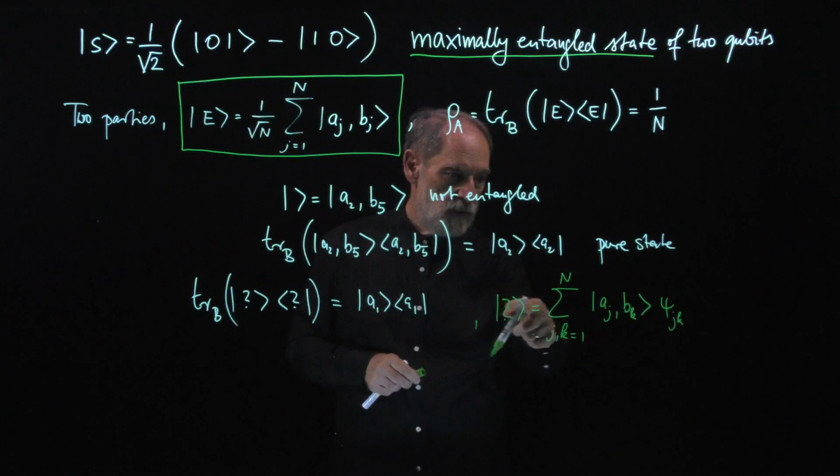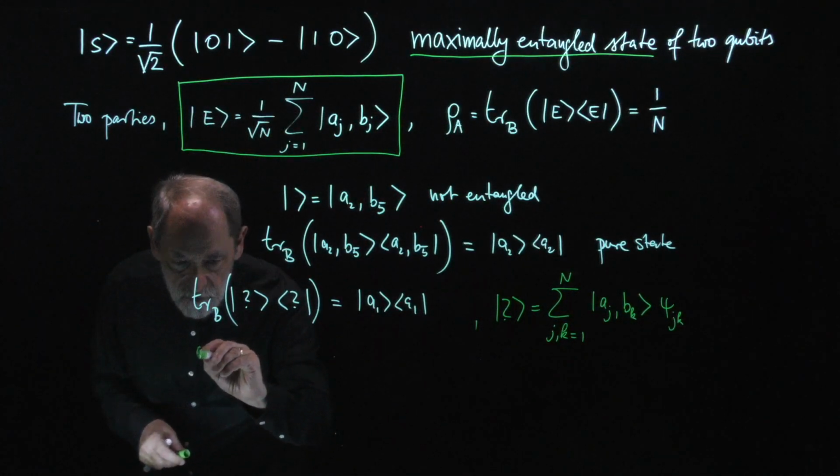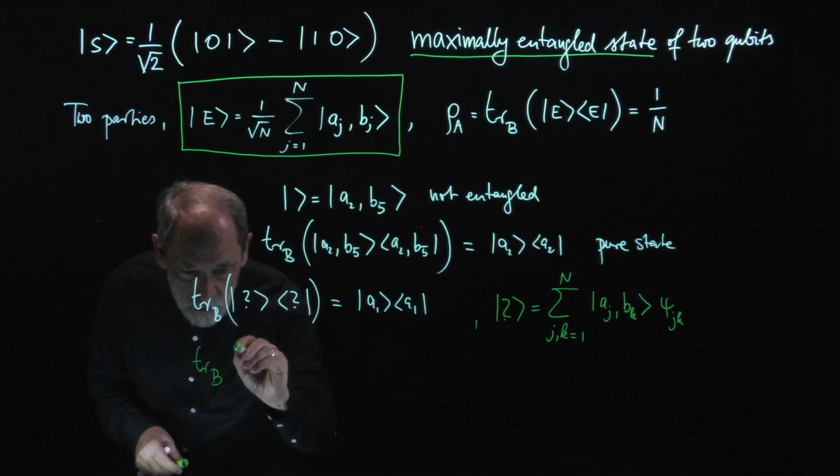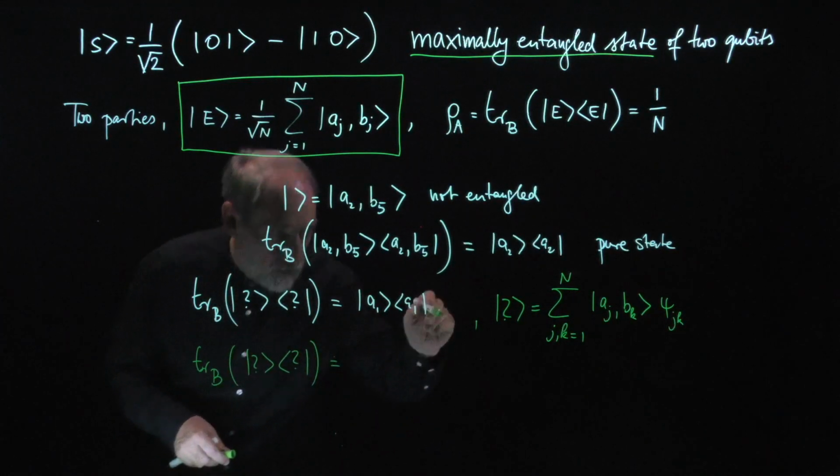And so let's see what happens if I trace out property B. So let's work out what is the trace over B of this question mark state that we have written down on the right.